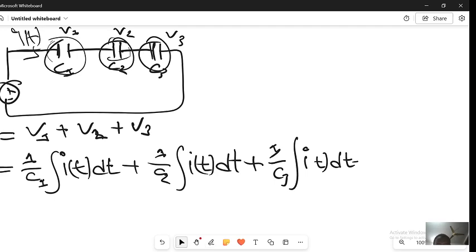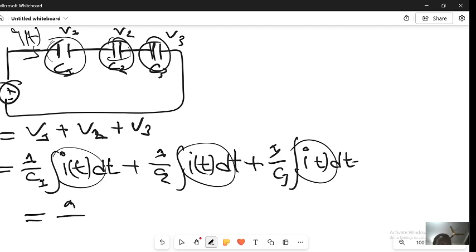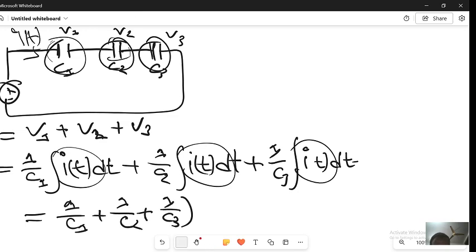Now I will have this one the same, this one the same, the same factor is repeated. So I will have 1 by C1 plus 1 by C2 plus 1 by C3 as a factor times the integration of I dt.